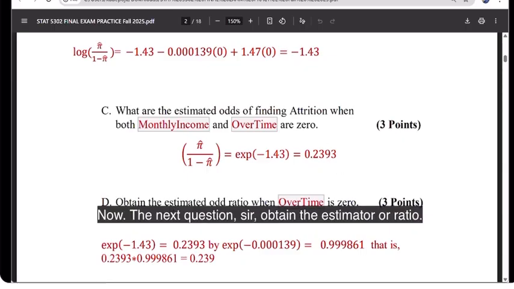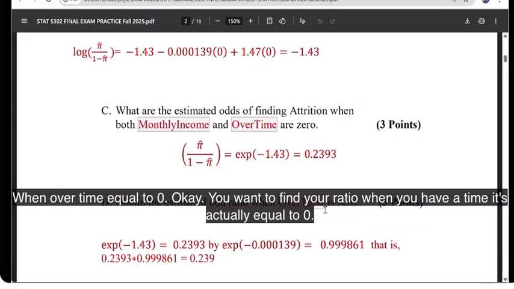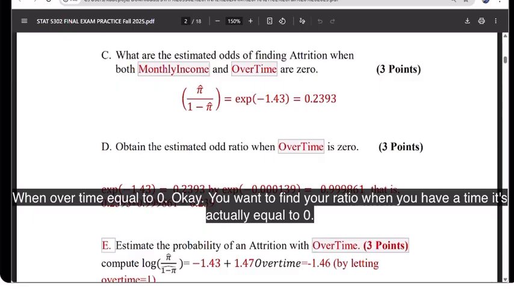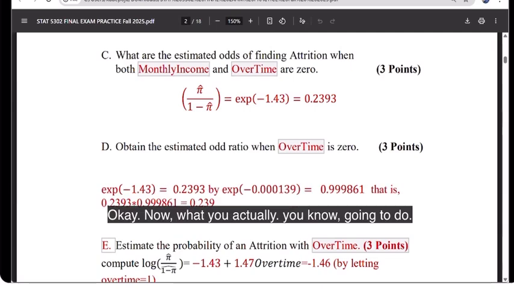Now the next question says, obtain the estimated odd ratio when overtime is equal to zero. You want to find the odd ratio when the overtime is equal to zero. What you're actually going to do is go into the odd form of that.